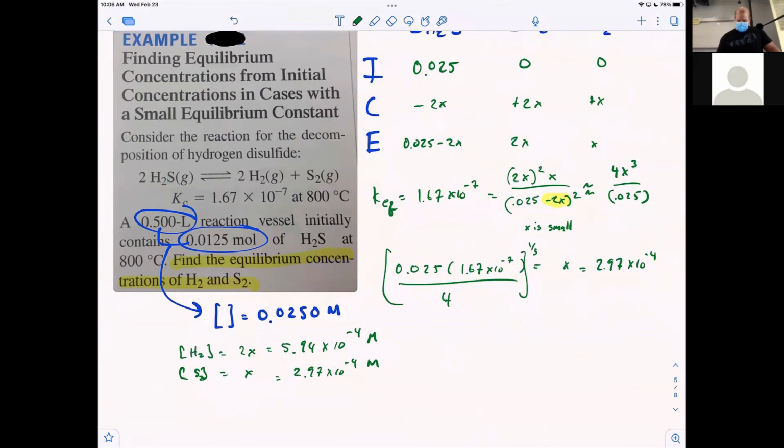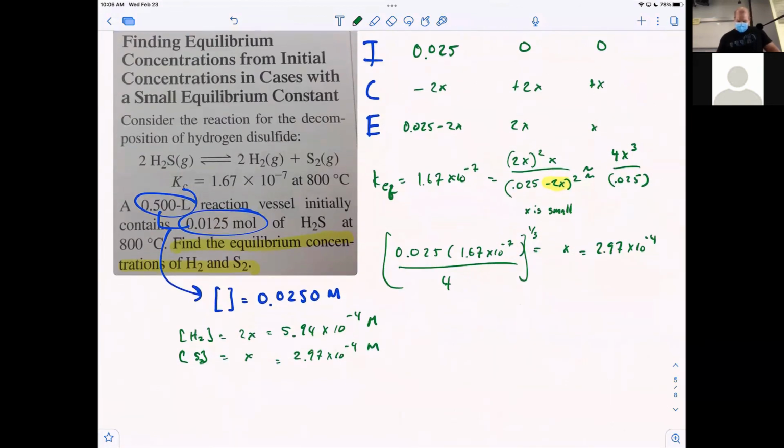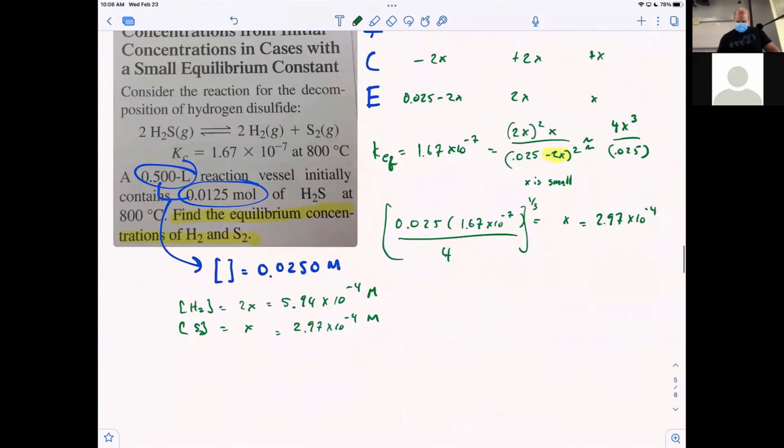The other thing is to what degree, and this textbook says if it's within 5%, the discounting is okay. So if this value is within 5%, this is okay.